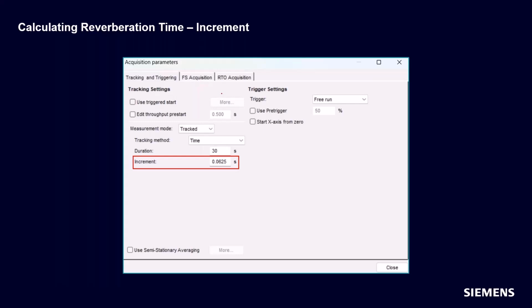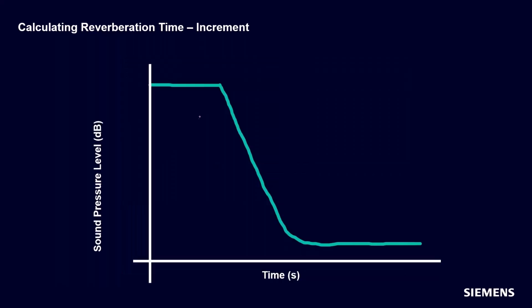So the first one is this time increment here that is set in the tracking and triggering section of either Testlab signature acquisition, or in this case, I'm showing the menu from signature throughput processing. And so this increment here is related to the number of data points that we analyze along the slope decay here and how far away they're spaced from each other.